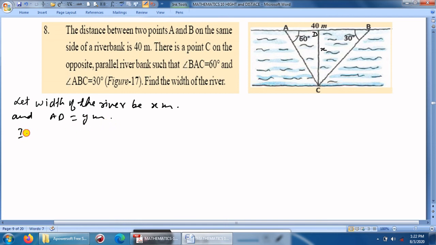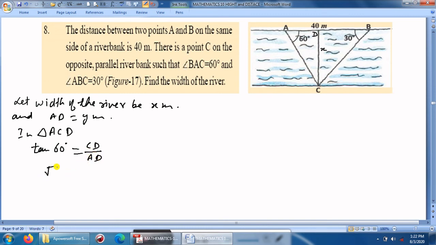Now in triangle, which one? It is A, C and D. In triangle ACD, tan 60 is equal to perpendicular upon base, so it is CD, perpendicular, and base is AD.